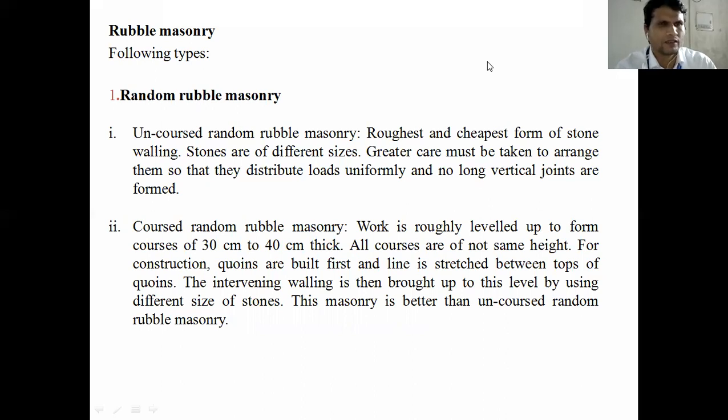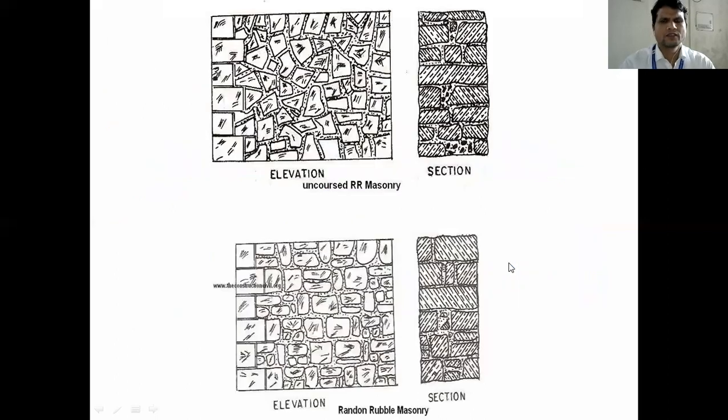Then the coursed random rubble masonry. In coursed random masonry, some work is made on the stones, and then we prepare the walls. This type of wall is called coursed random masonry. This is the picture of uncoursed and coursed random rubble masonry.